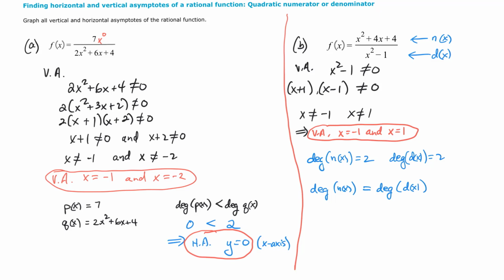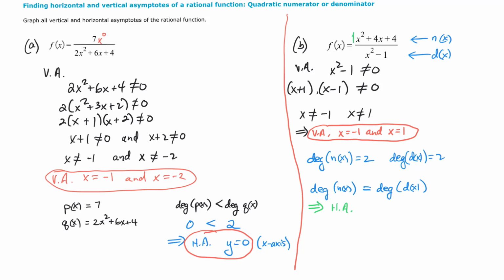Now, what does that mean? That means our horizontal asymptote this time is the coefficients of x squared and x squared. So we take that highest degree and we look at its coefficients. What are the coefficients of x squared and x squared?